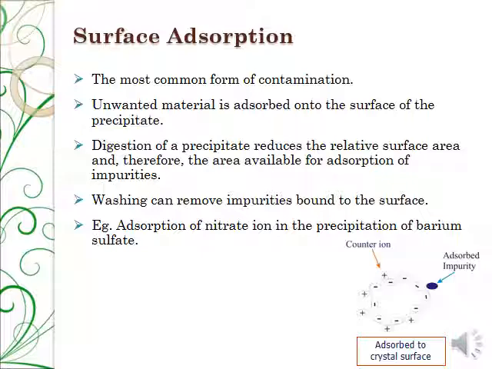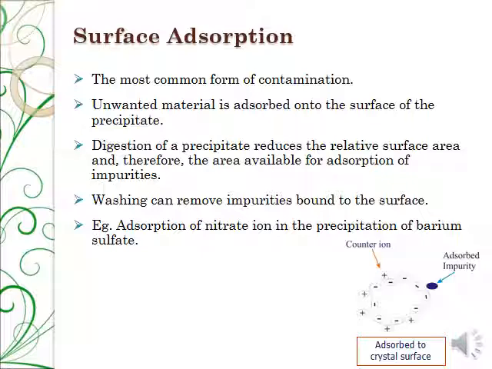So when the surface area is reduced, then the available space for adsorption will also be reduced. Another way is washing. Okay, because it only occurs on the surface, it can be removed by washing.